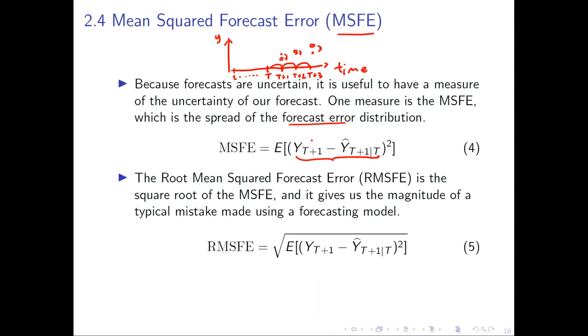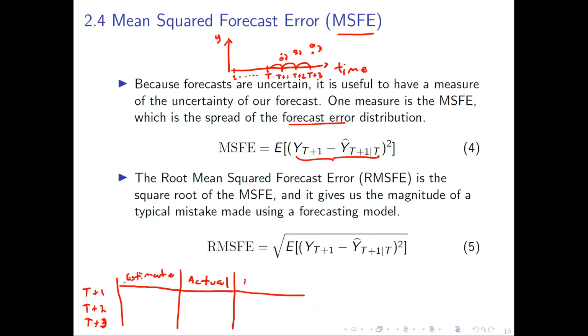We can take the estimates for time t plus 1, t plus 2, and t plus 3, and we can take the actual values, and we can subtract these and get the forecast error.